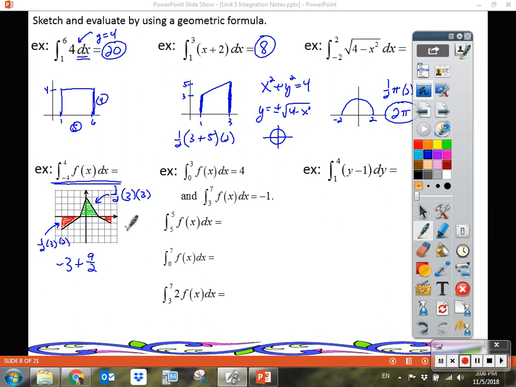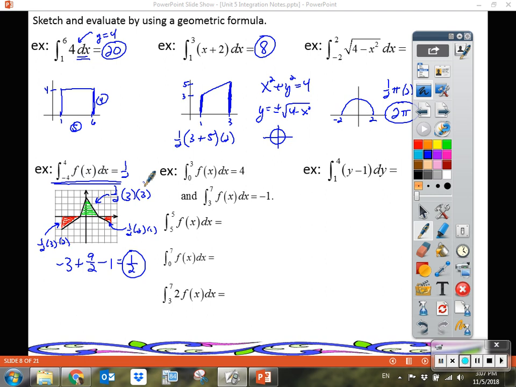And then this last one, 1/2, base is 2 and height is 1. That is 1, minus 1. So we use our arithmetic and we add all that together and we get 1/2. So that integral is 1/2. Okay?